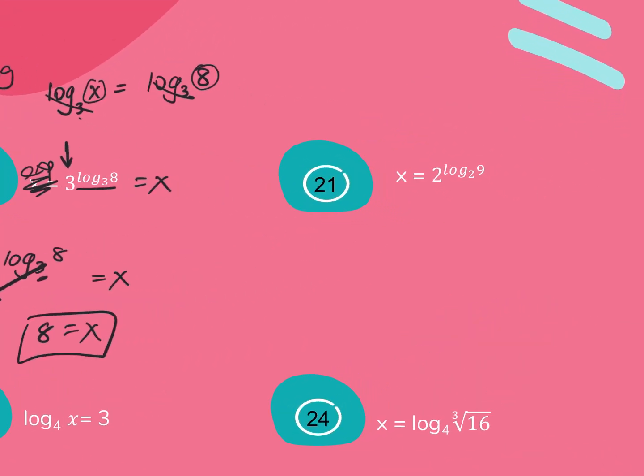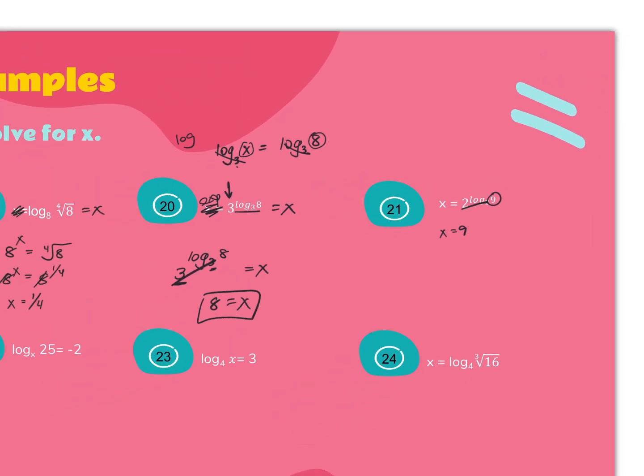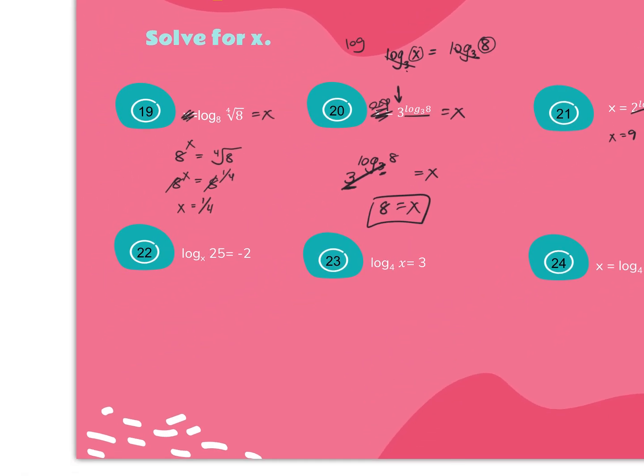Same goes here. So if you notice here, I've got 2 raised to the log base 2 power. So x equals 9. The 2 and log 2 cancel. Over here, I have x to the negative 2 power equals 25. So let's think about that.